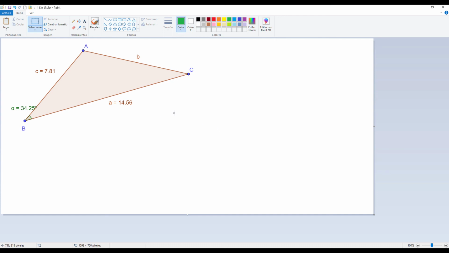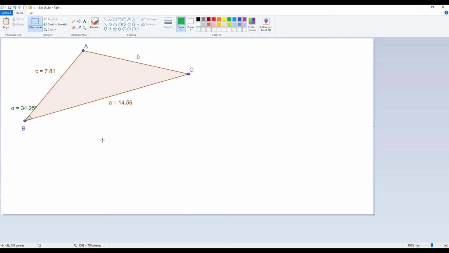Now we have the same triangle, but with different data. If you check here, we can't use the sine rule because you don't have the opposite. Yeah, you have only two sides and the angle between them.